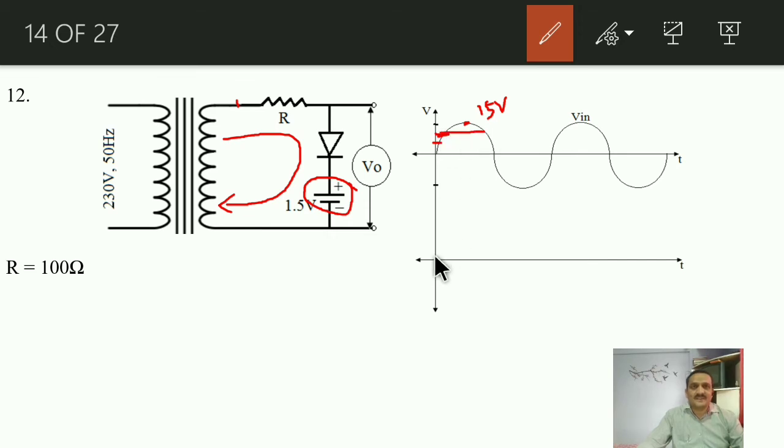That means the nature of obtained output will be like this. Now it will get clipped off at 2.2. That means 0.7 plus that external bias, that is 1.5, right? Without this DC source, the saturation level will be at 0.7 only. But if a series bias is again connected externally, then that also we have to overcome, then and then diode will conduct.